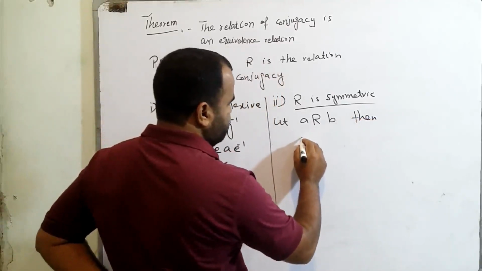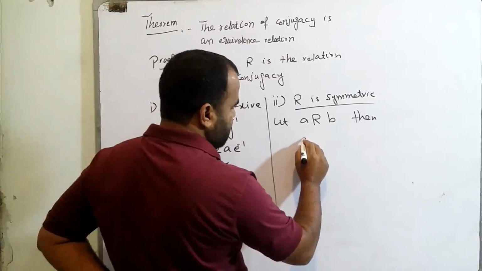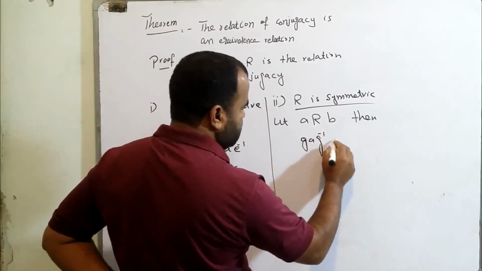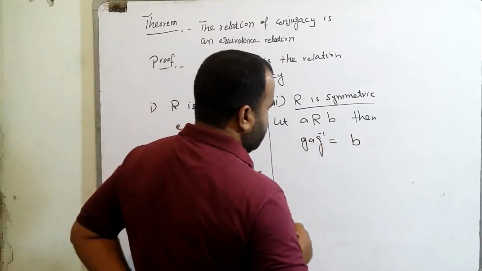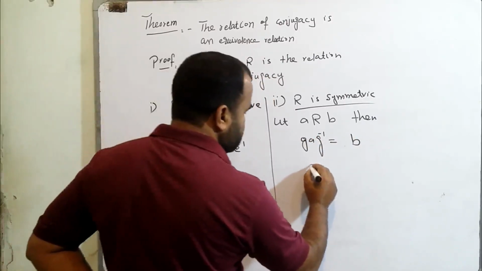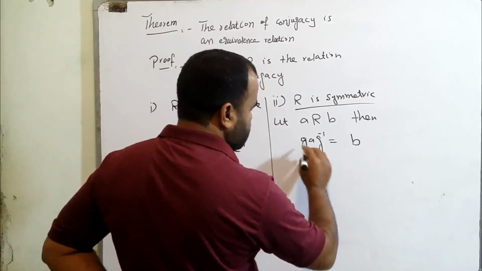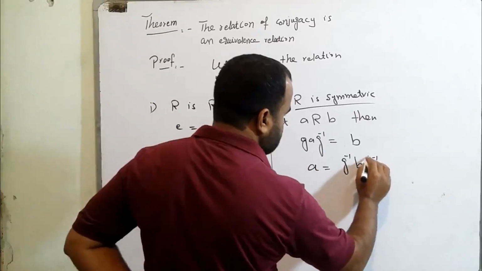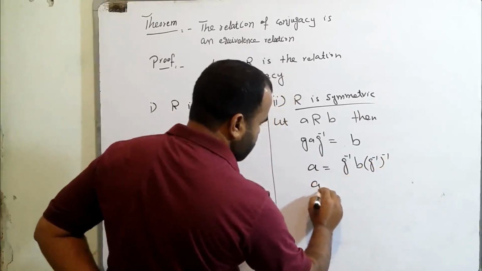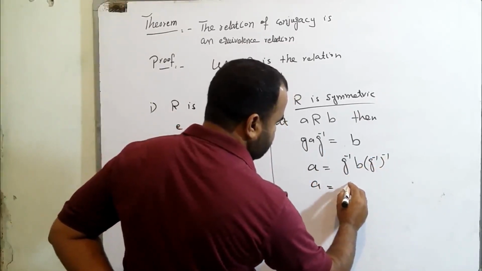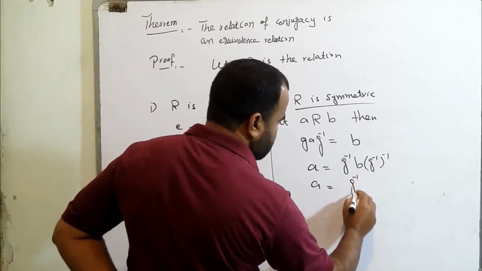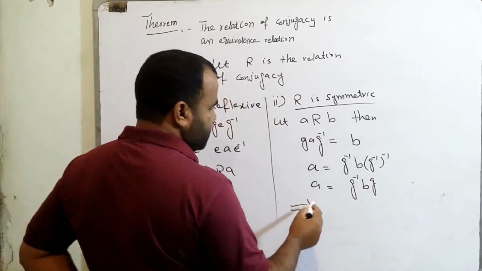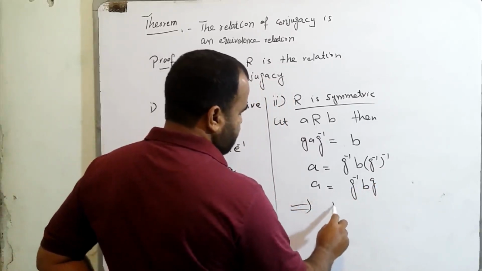It means that a = g b g^{-1}, so we can write b = g^{-1} a g. This implies that b is related with a.